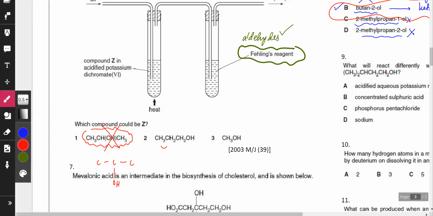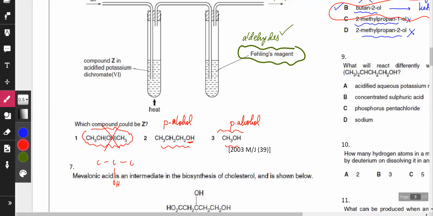These are both primary alcohols. Okay, so it's a carbon chain OH. So this is a primary alcohol, and this OH is also attached to one carbon chain. So this is also a primary alcohol. Remember this molecule over here.